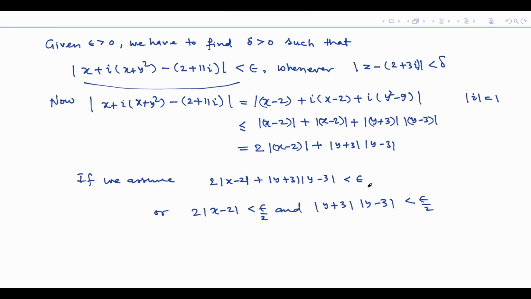So I'm just dividing this epsilon into two parts so that the total sum will be less than epsilon, right? So this is just a kind of adjustment. Any epsilon will work, epsilon by 2. If you are going to break it in three parts, epsilon by 3 will be taken. So this is just the adjustment so that the right hand side you will always get less than epsilon, right? Or else you can say that x minus 2 is less than epsilon by 4, right?